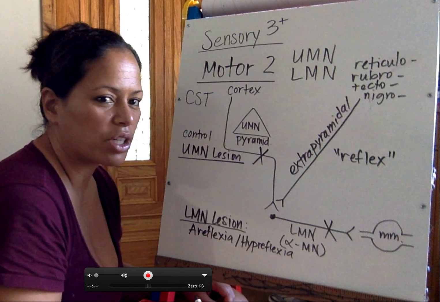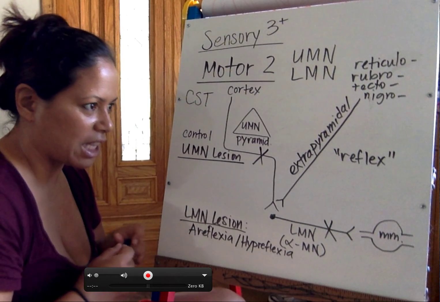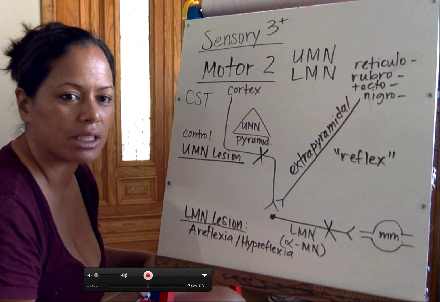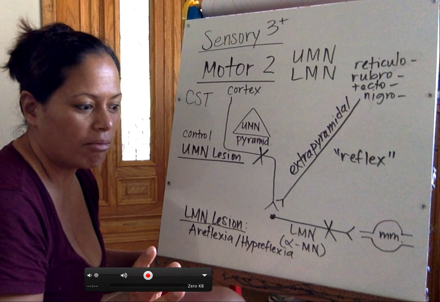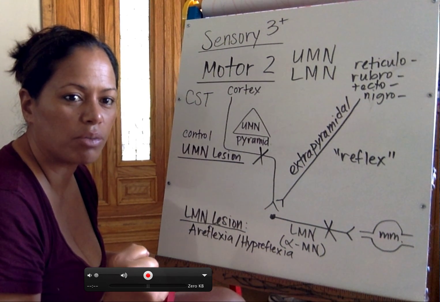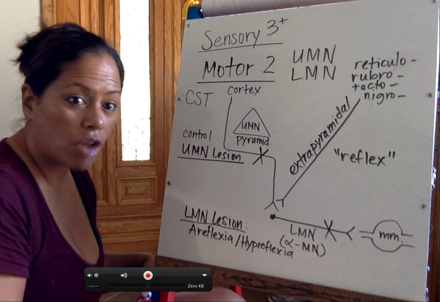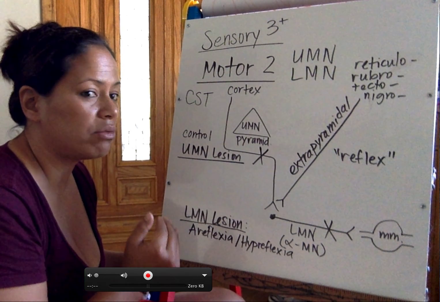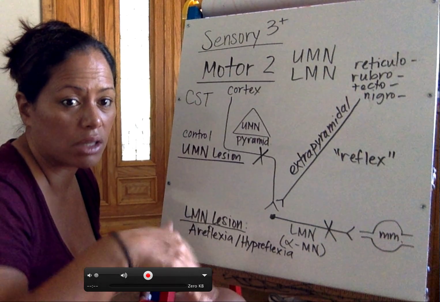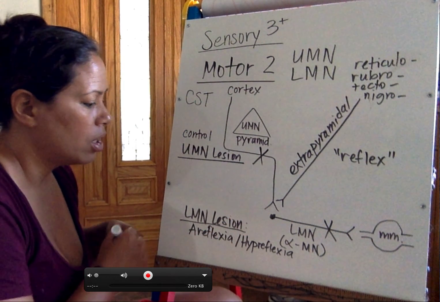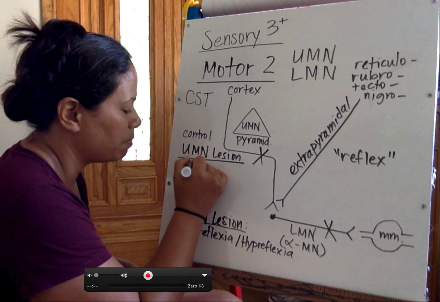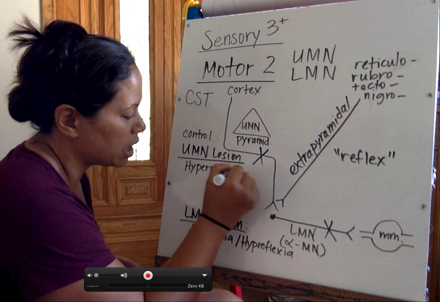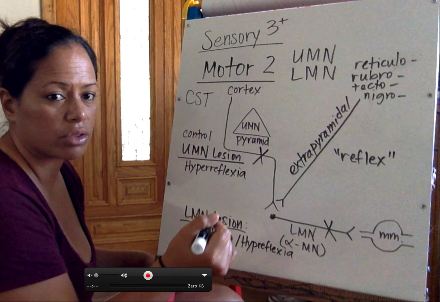When you're sitting in a doctor's office and they have something coming at your knee to test your reflexes, if you see it coming, you tense up. That's your ability to actually soften or repress your reflexes. But if you have no control over your reflexes, then they're going to be more pronounced than usual. So hyperreflexia is a sign that maybe you have no control over it.